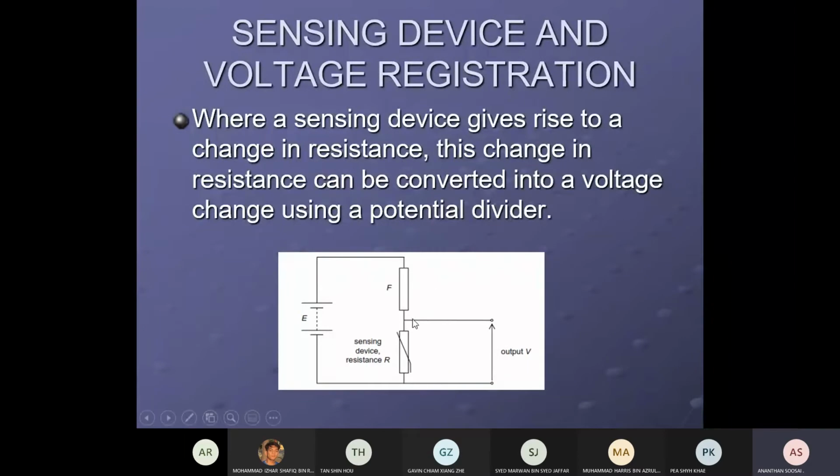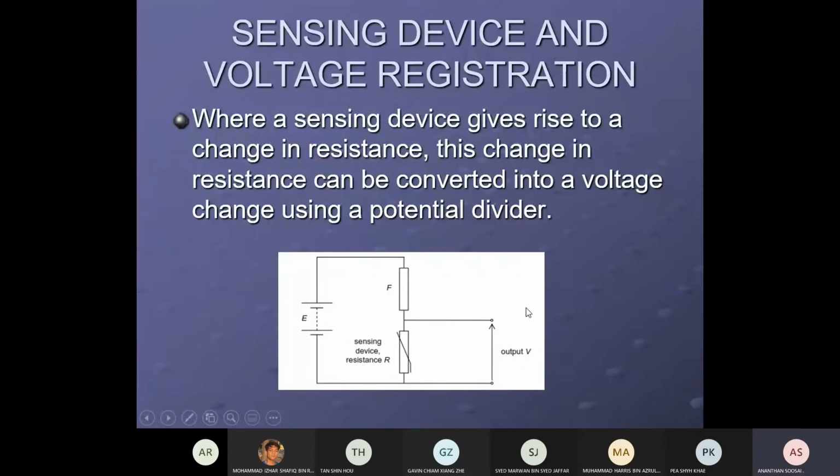The sensors will communicate with the processor by using a potential divider method. We have a battery, and this is a sensor. Maybe you put a thermistor here. The thermistor senses the temperature of the room. When the temperature rises, the thermistor resistance goes down, sorry, and the voltage across here goes down.